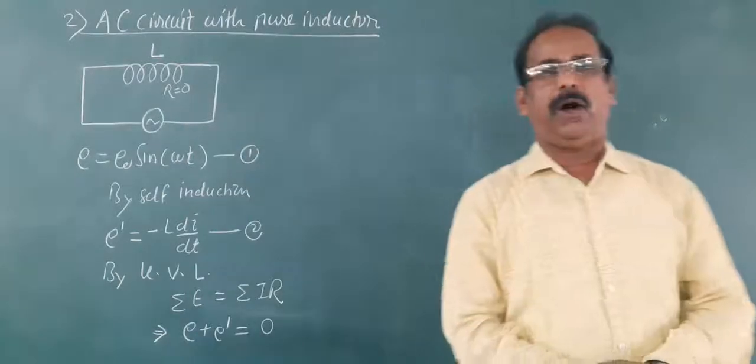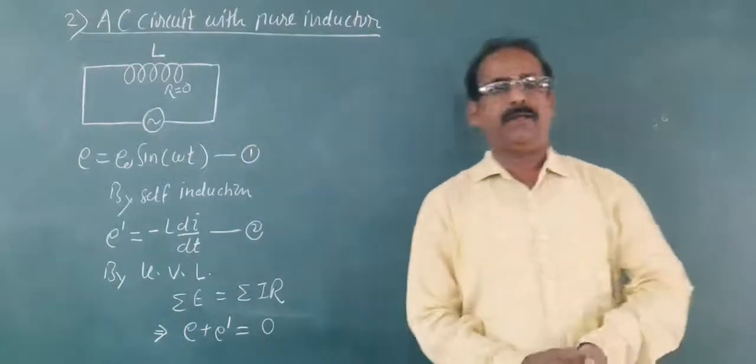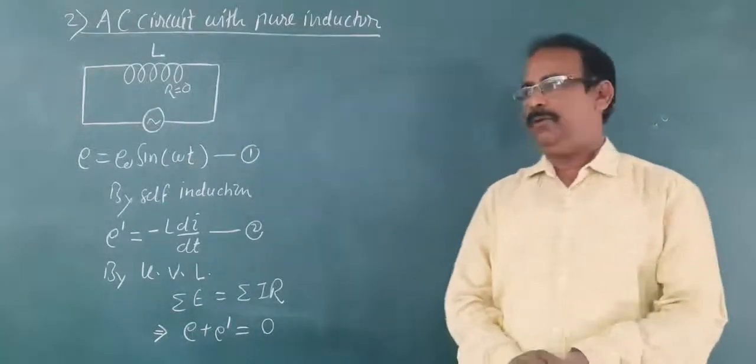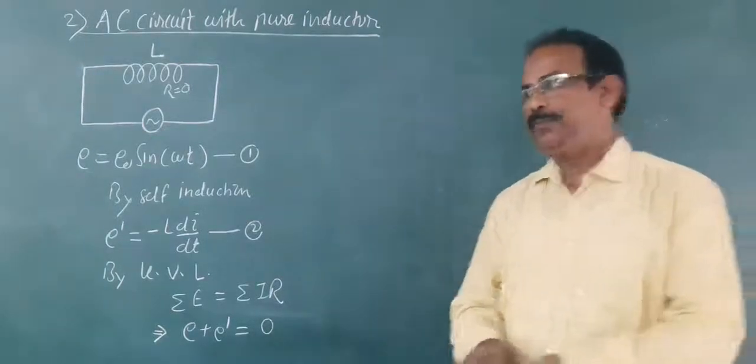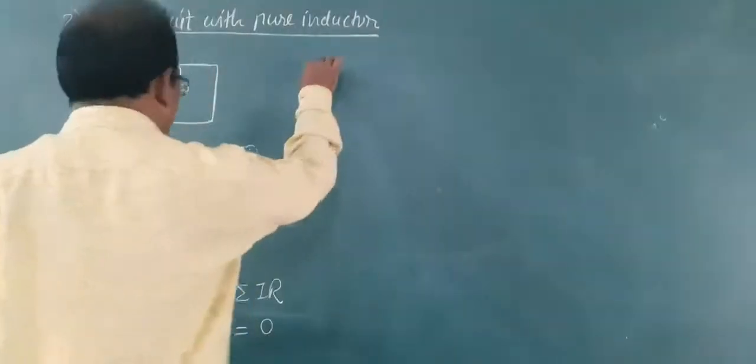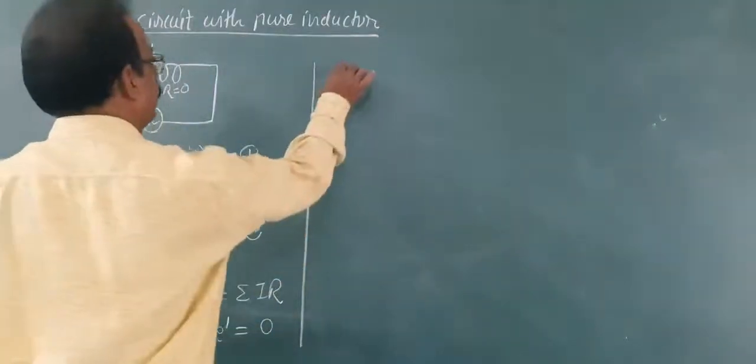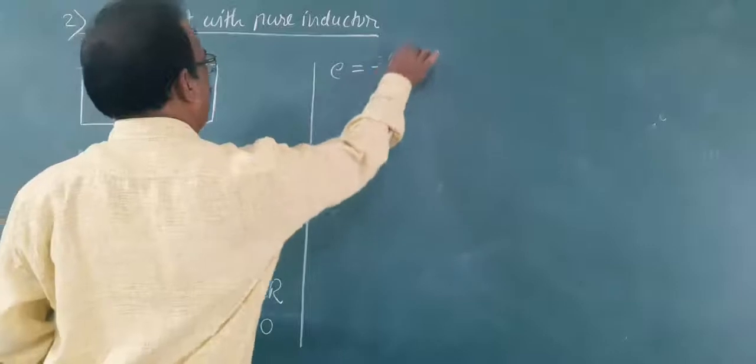Therefore, the sum of the product of current and resistance comes equal to 0. You get E plus E dash equals 0, which means this applied EMF comes to minus of E dash.